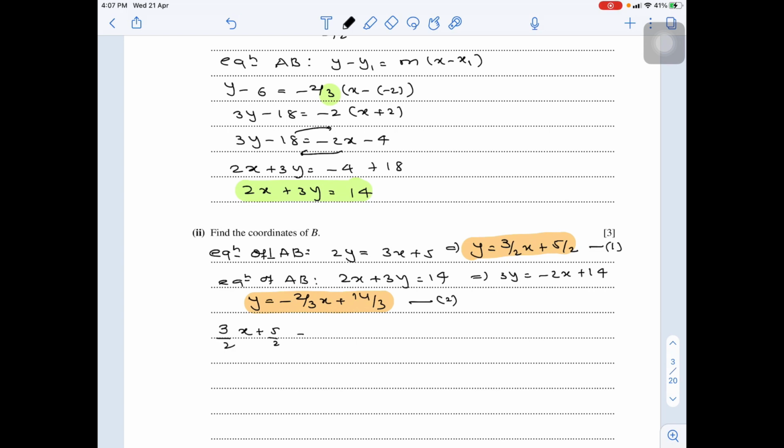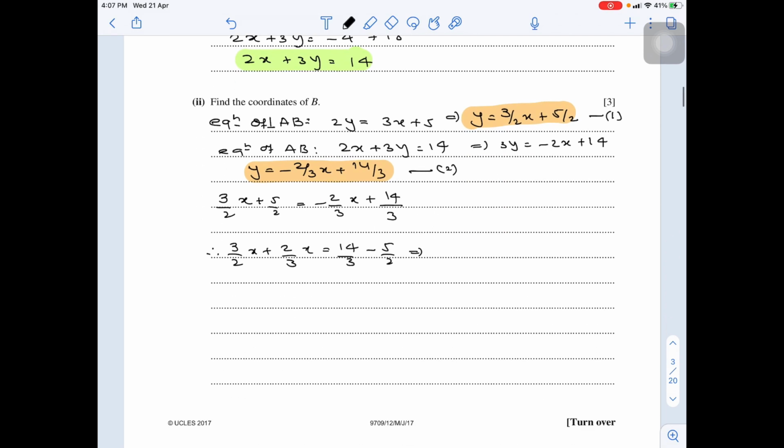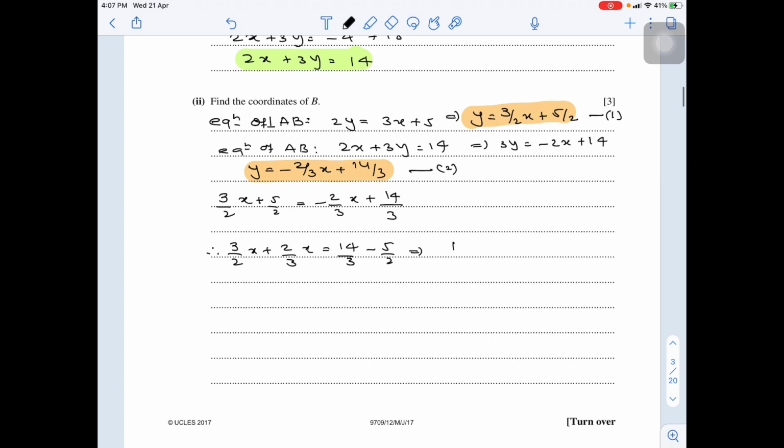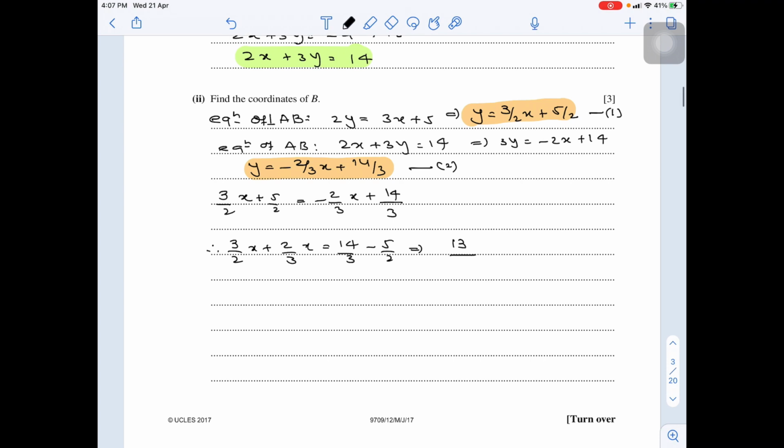Compare them to get the values of x. So I'm writing 3 over 2x plus 5 over 2 equals negative 2 over 3x plus 14 over 3. Bringing like terms, x's together, constants together, 3 over 2x plus 2 over 3x is 14 over 3 minus 5 over 2, which becomes, I can use calculator, 3 over 2 plus 2 over 3.